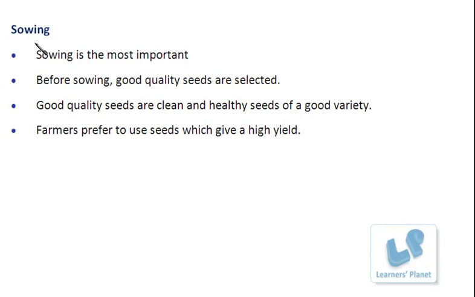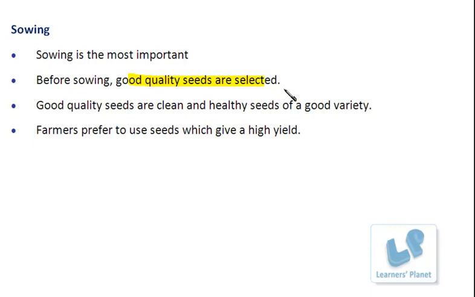Now the point is that it is a very important step because the product quality and the product yield, they both depend upon the type of seeds which are sown into the soil. So initially before sowing, the good quality seeds are required to be selected. So this step is really very important.